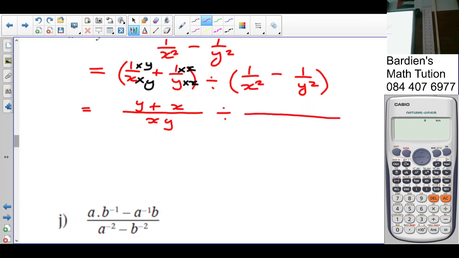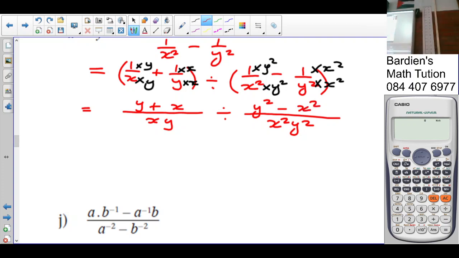What's the LCM in the second bracket? x squared y squared. So this must be multiplied by y squared, and we must multiply by x squared. So what do I get then? y squared minus x squared.